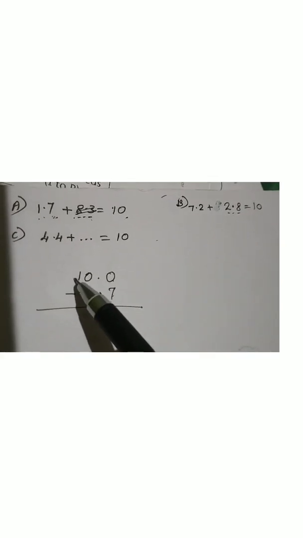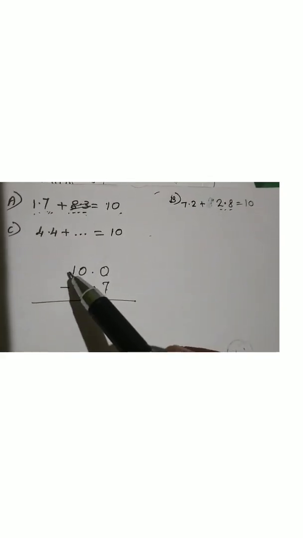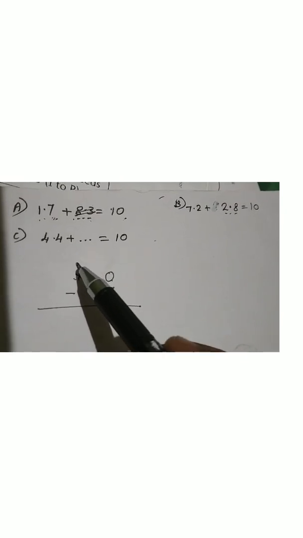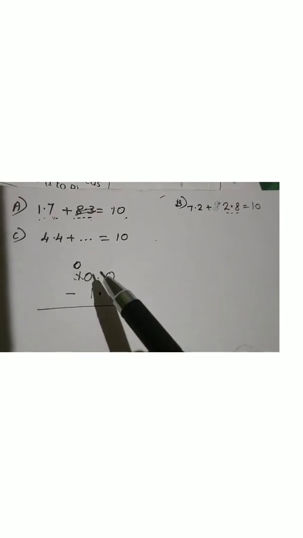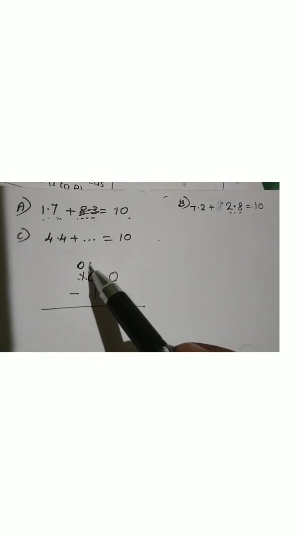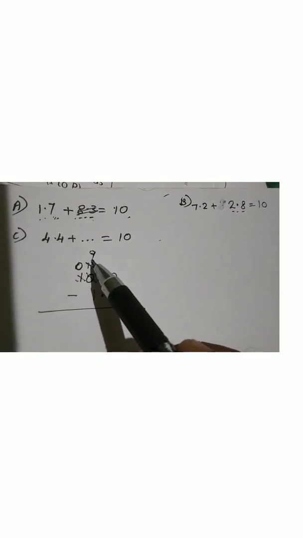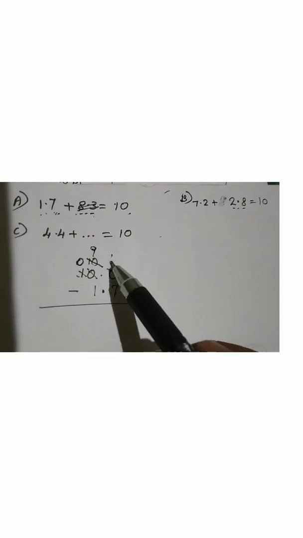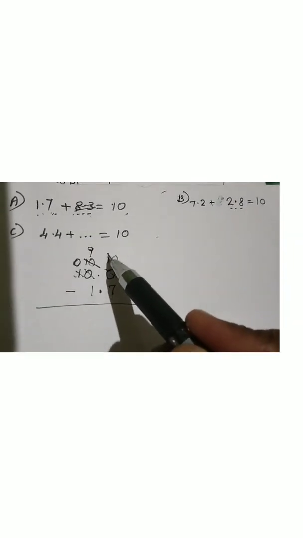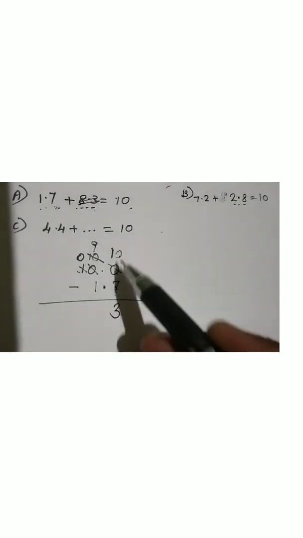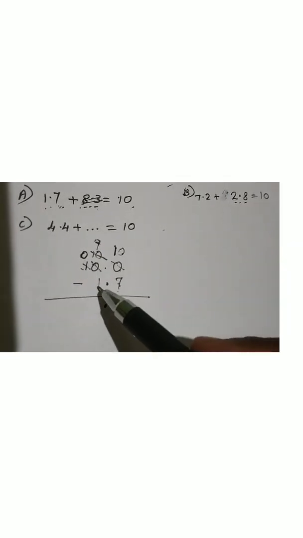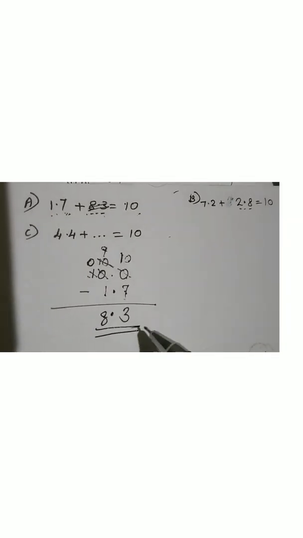So we have to borrow 1 from here. So now there is no 0, 1 will be 0. Here it became 10. From this 10 we can borrow 1. Then now it is 9. This became 10. So 10 minus 7 is equal to 3. Then the point will be there. Then 9 minus 1 is equal to 8. This 8.3 is the answer.